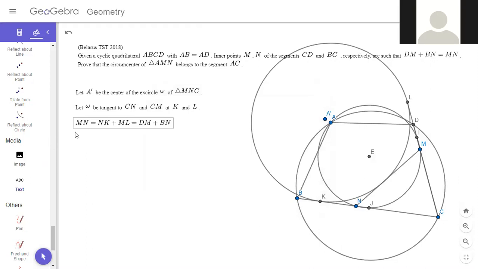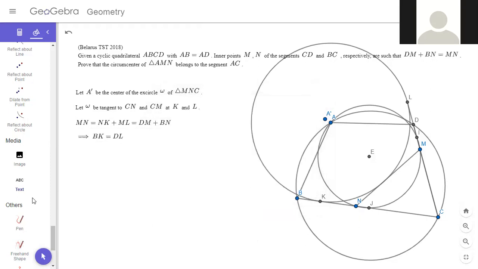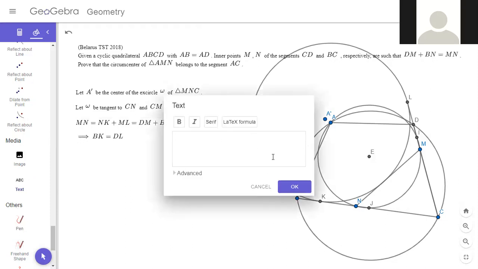So that means that BK is equal to DL. And we also have A prime K is equal to A prime L. Okay.